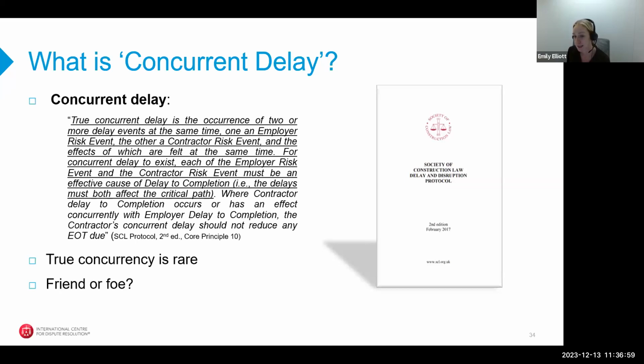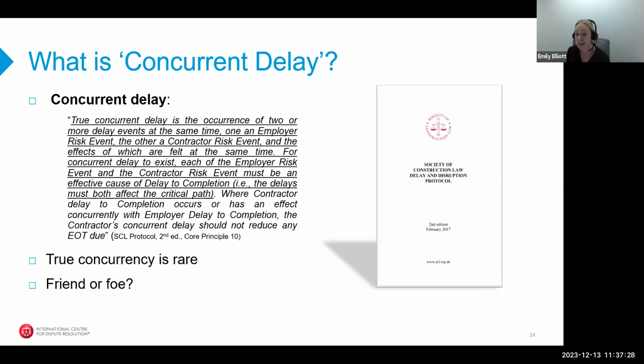For concurrent delay to exist, each of the employer risk event and the contractor risk event must be an effective cause of delay to completion, i.e., and this is really important here, the delays must both affect the critical path. So the SCL's view, and again, this is purely guidance, this is not a legal authority, is that criticality is key to concurrency. But in practice, true concurrency is very rare.